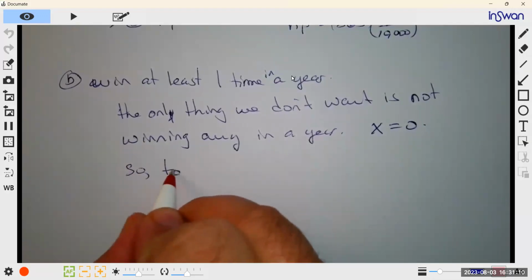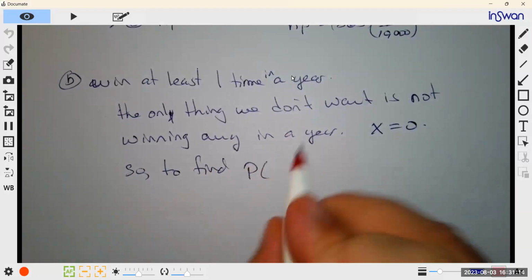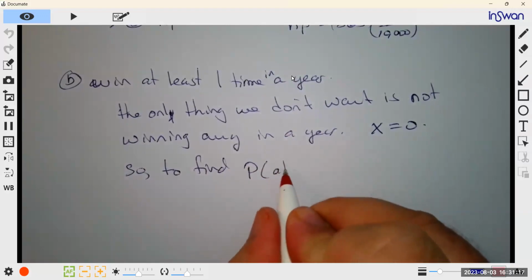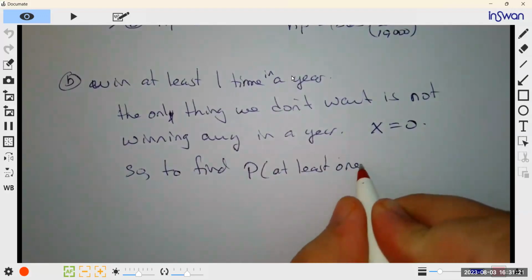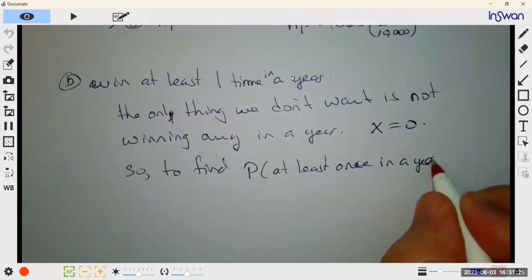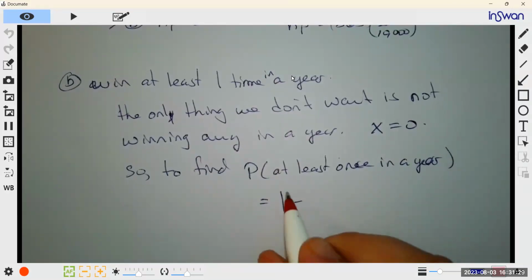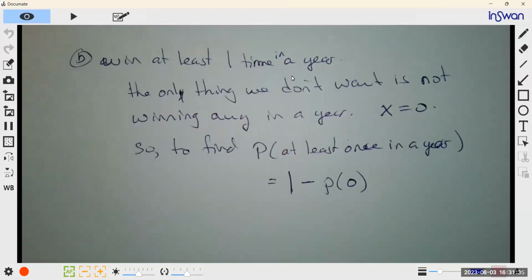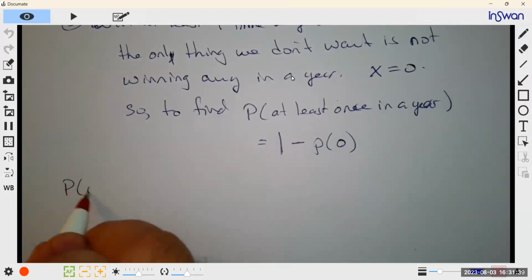So to find the probability of at least once in a year, I find 1 minus the probability of winning nothing. So we have to find P of 0.